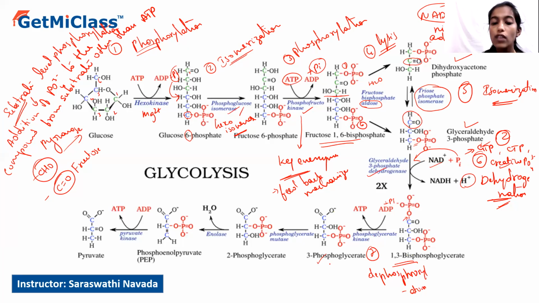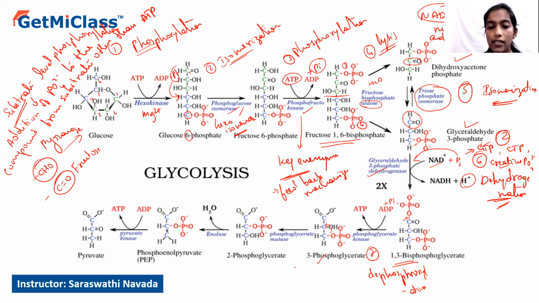And once this 3-phosphoglycerate is formed, the position of the phosphate group will be changed in the phosphoglycerate molecule, where from the 3rd carbon, the phosphate will be shifted to the 2nd carbon, and it results in the formation of 2-phosphoglycerate.